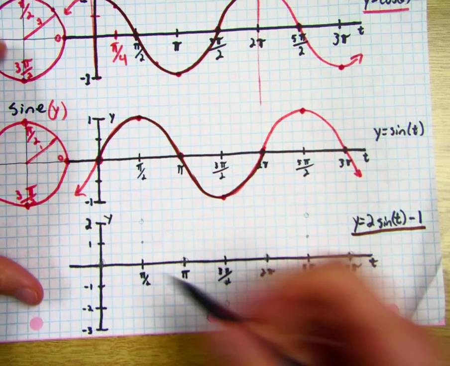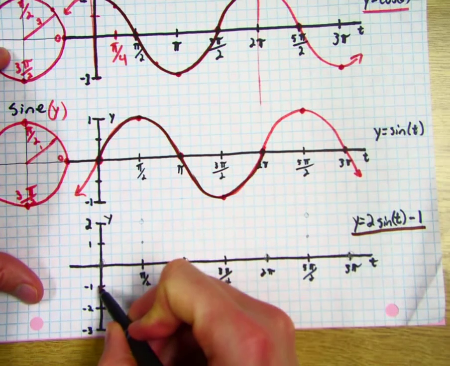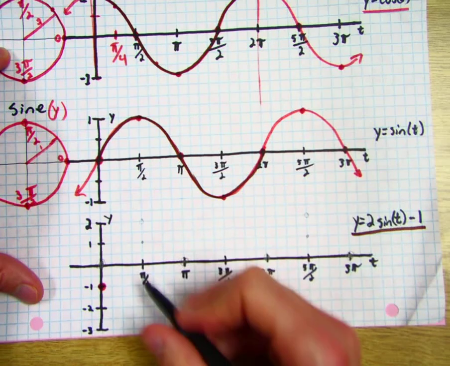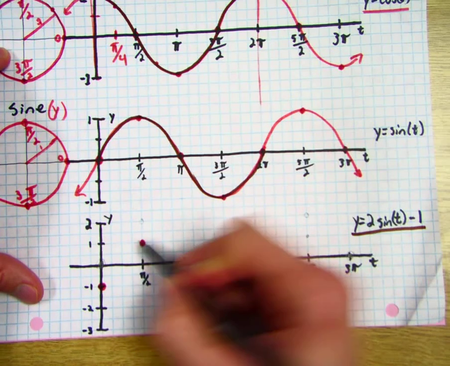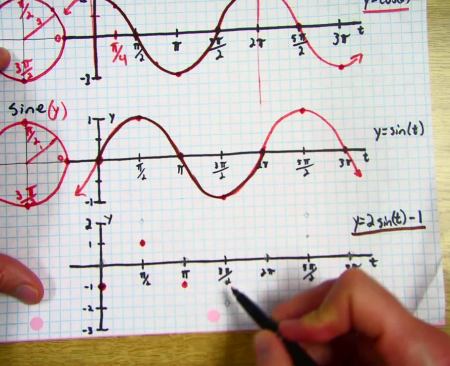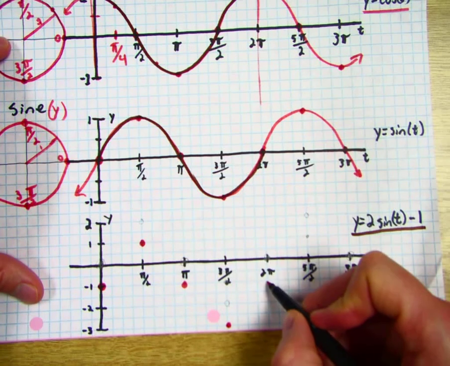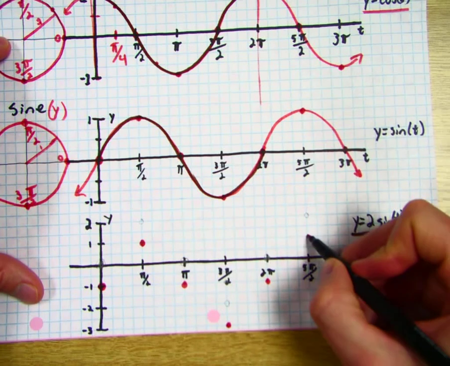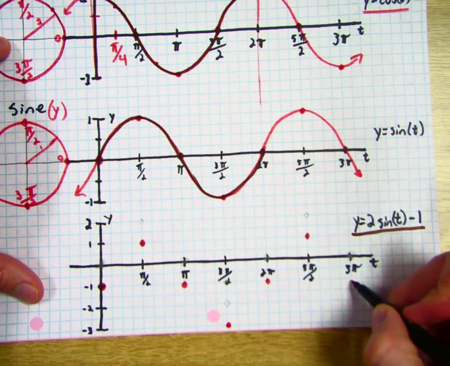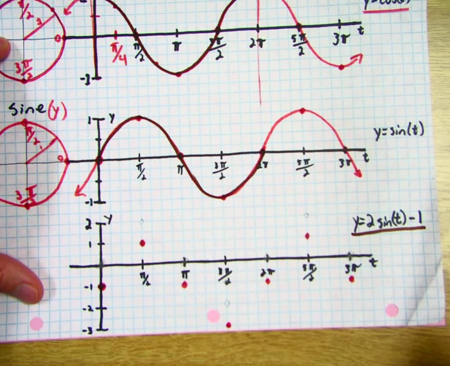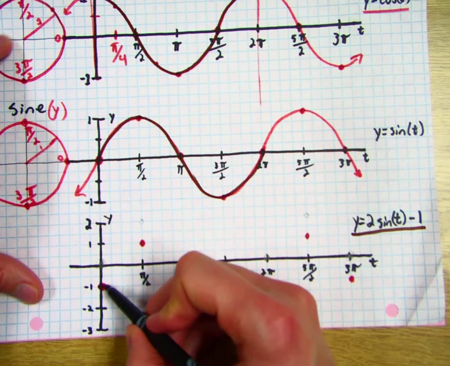And so if I shift all my points down 1, this point is now going to be here. This point will be here. This point will be here. This point will be here. And so on all the way around. And here is my graph.